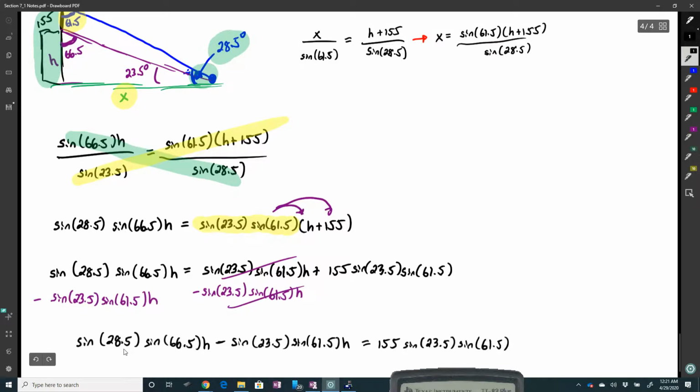Now I can factor out, they both have an h in common on the left. And so that's how you go from two h's to one h. So kind of resuming my work up here, I have h times all that.